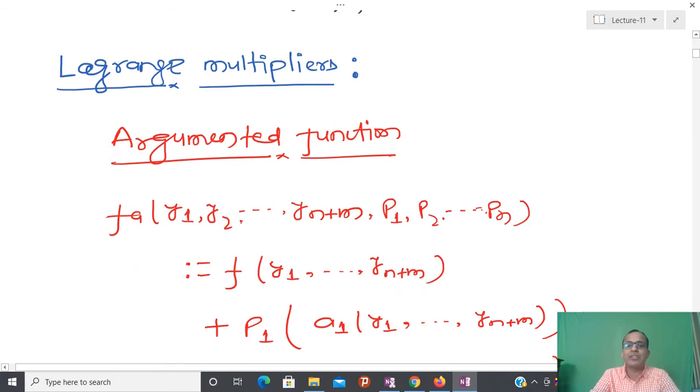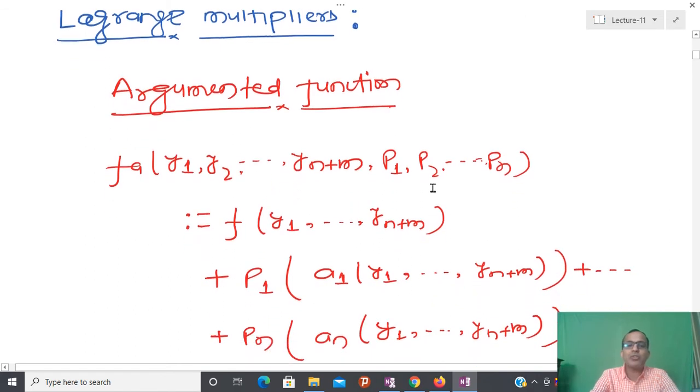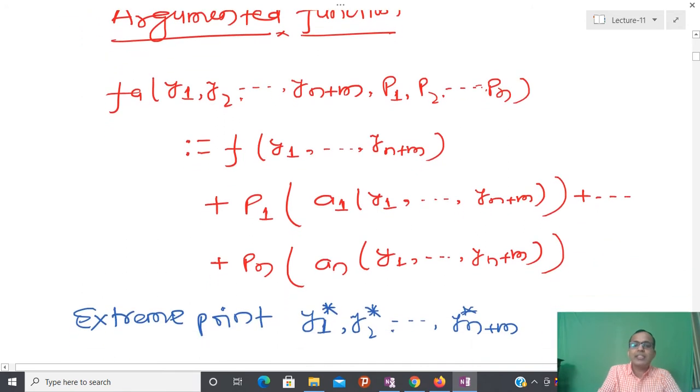So we define an augmented function, and inside the augmented function, if I have n constraints, then I incorporate n new independent variables p1, p2 to pn. Now I have denoted the augmented function in this way.